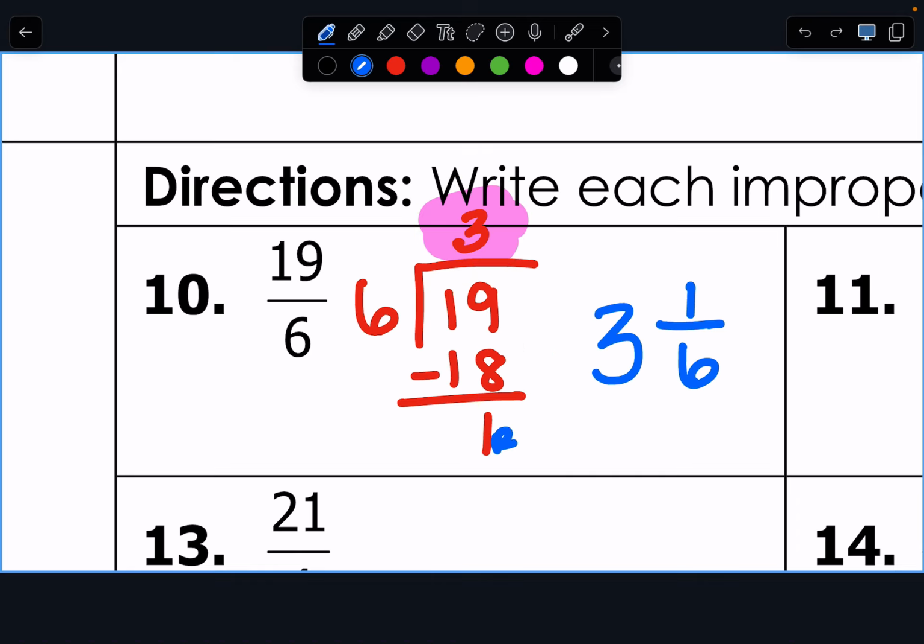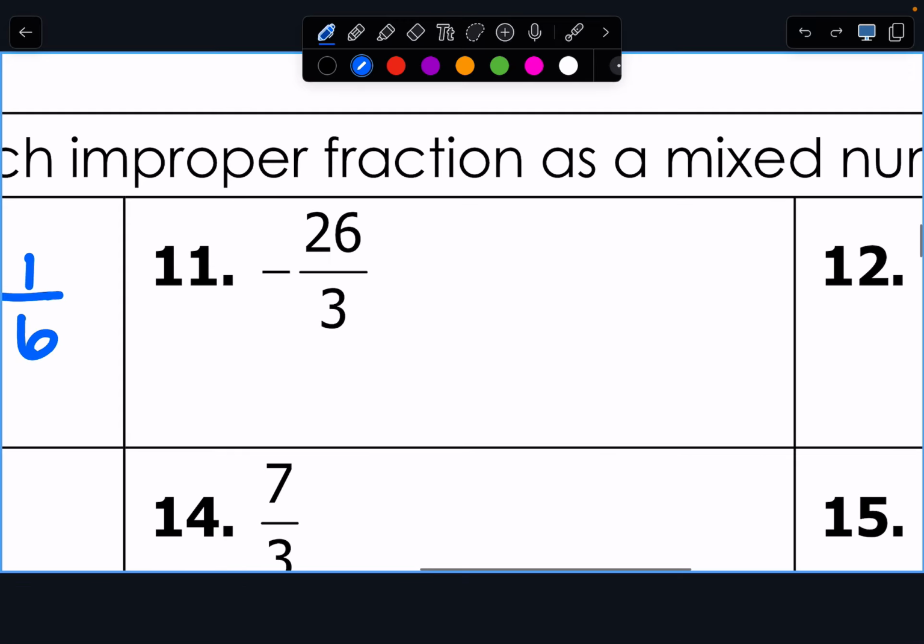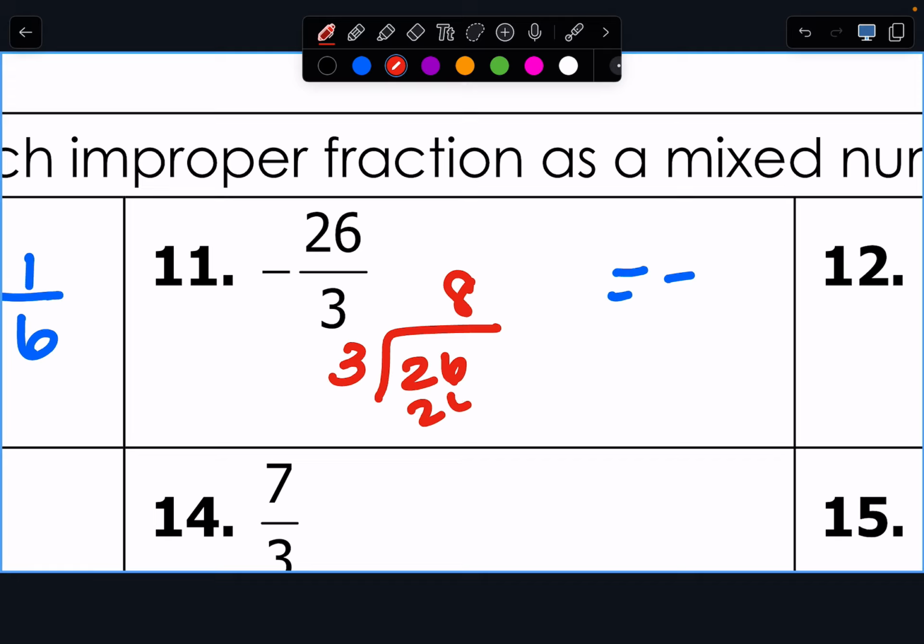Okay, let's look at number 11. Do you see how number 11 is a negative improper fraction? Yes. Okay, all that means is that our answer is going to be negative. So now let's think about 26 divided by 3. 3 goes into 26 how many times? 8. 8.